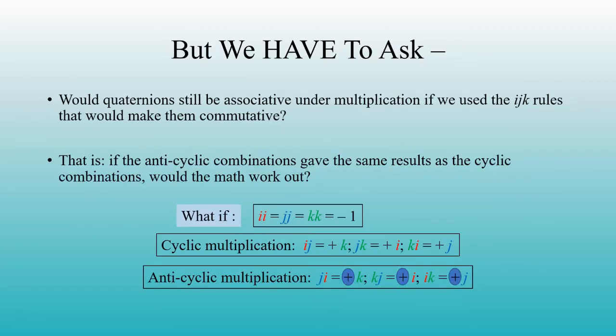But we have to ask, or at least I have to ask, would quaternions still be associative under multiplication if we change that IJK rule so that IJ equals JI equals plus K? If so, then we could get quaternions to satisfy both the associative and the commutative properties. Sorry, I can't let it go.